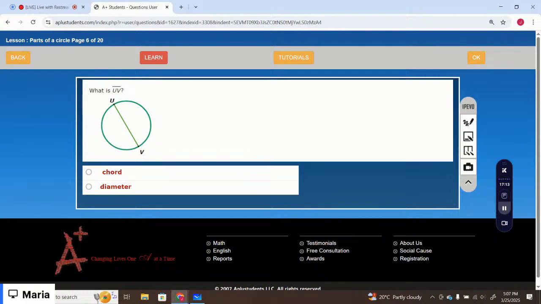What is UV? UV is the diameter of the circle.